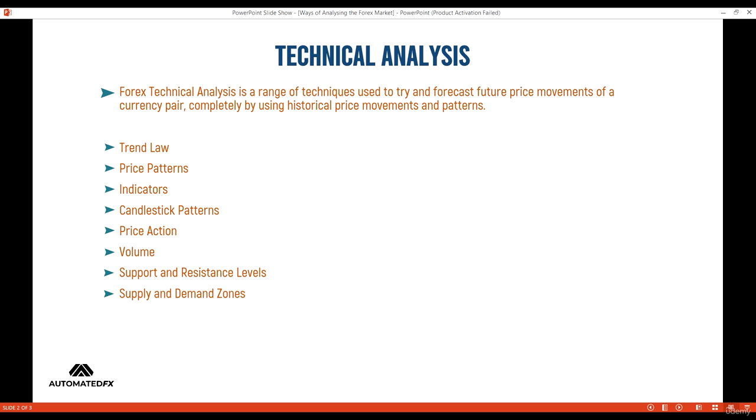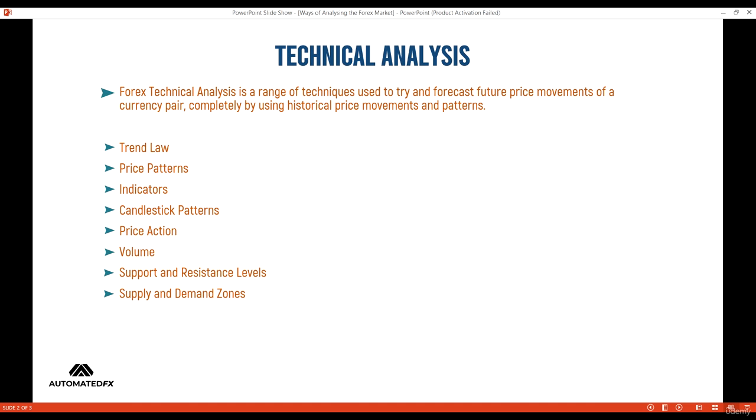We can see that technical analysis involves concepts like the trend law, a concept we're going to look at in further lessons. Also price patterns, indicators, candlestick patterns, price action, that's the action of price, and then volume, support and resistance levels, supply and demand zones, and so on.